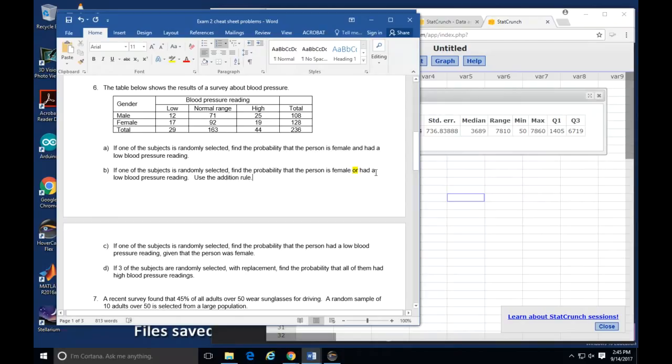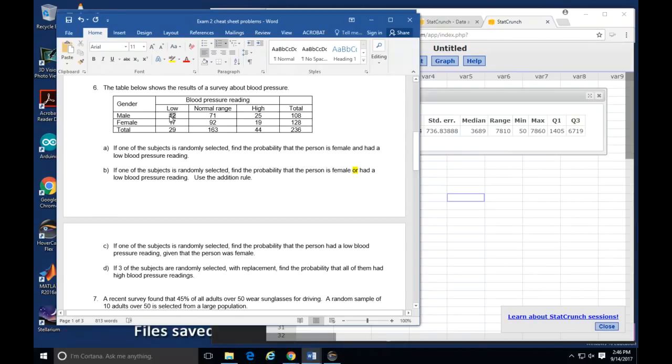The addition rule says that to find the probability of A or B, you can add the two probabilities, but you have to make sure that nothing gets counted twice. So what we could do is just look at the cells that would be either people who were females or who had low blood pressure.